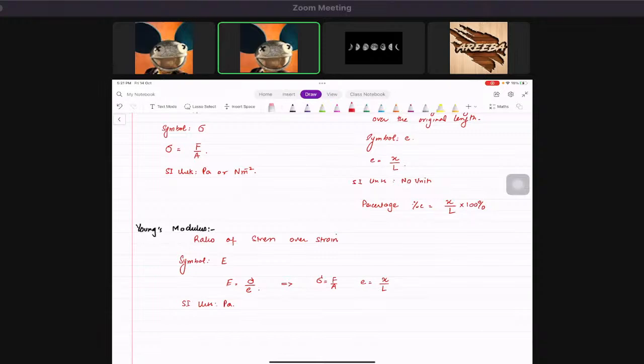So Young's modulus can be written as force over area over x over L, and when you simplify this, it will be F times L over A times x. Is it clear, Varisha? I hope you understand everything up till now. Yep.